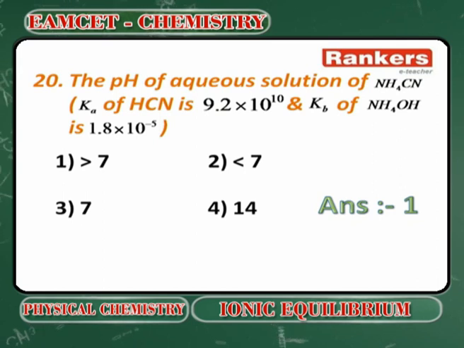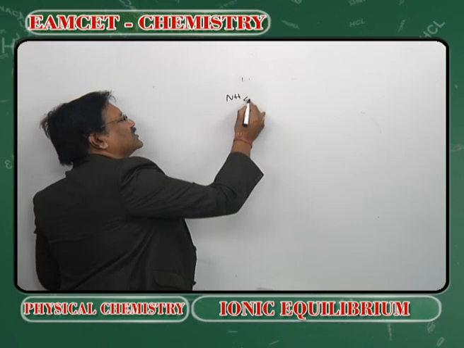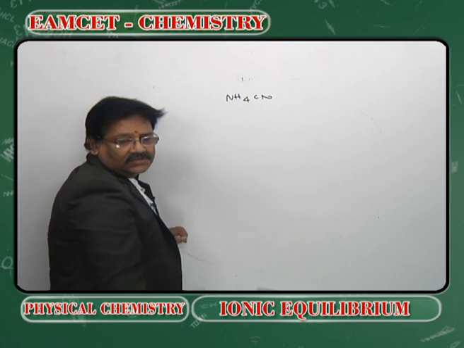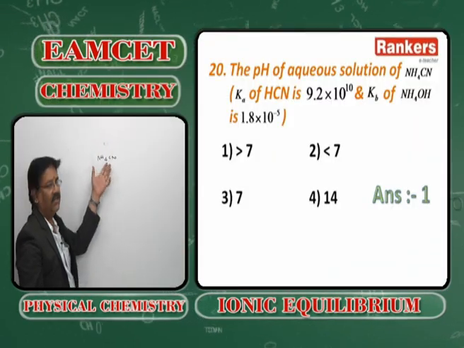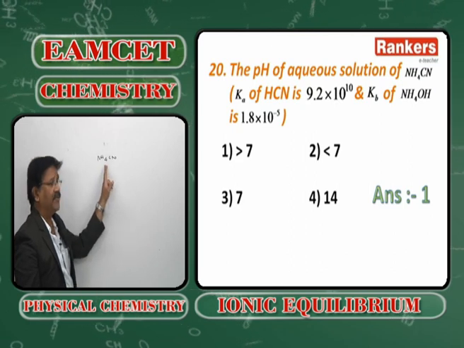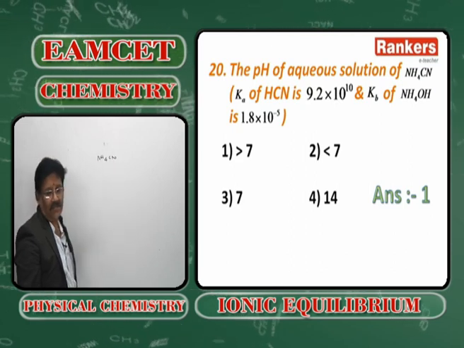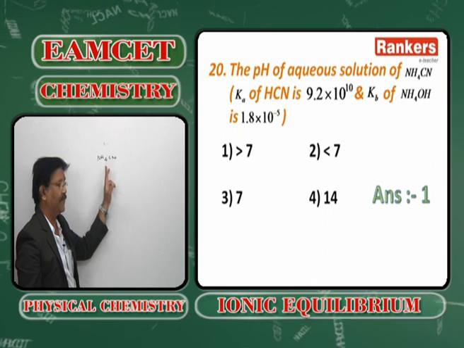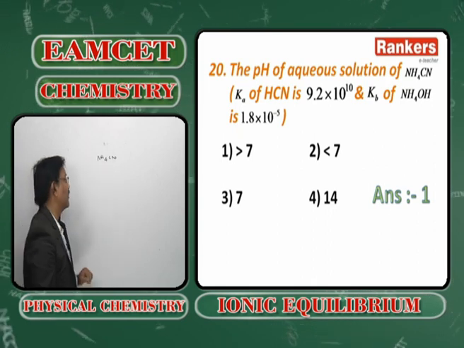The pH of an aqueous solution of NH4CN is, so how do you get NH4CN? NH4CN is the salt generated from a weak acid and a weak base.